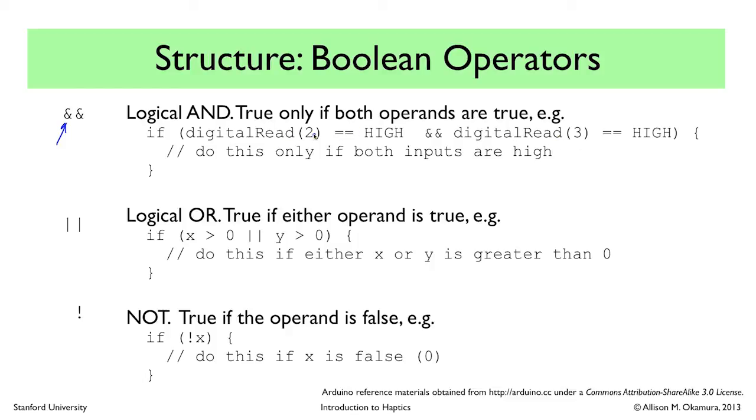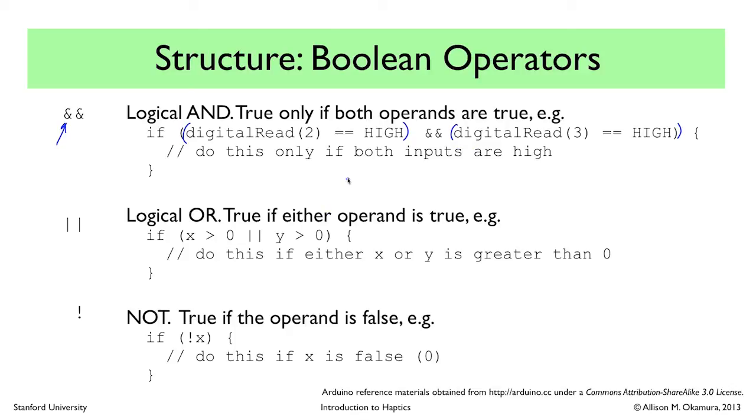And if digital read 2 is high, then everything inside the parentheses I've just drawn will become true. It'll become a value of 1. And also, if digital read 3 is equal to high, then this will become a value of 1. And this if statement will only become true if this is 1 and this is 1. And so the stuff inside the curly braces will only get run if both inputs from the two digital read pins are high.